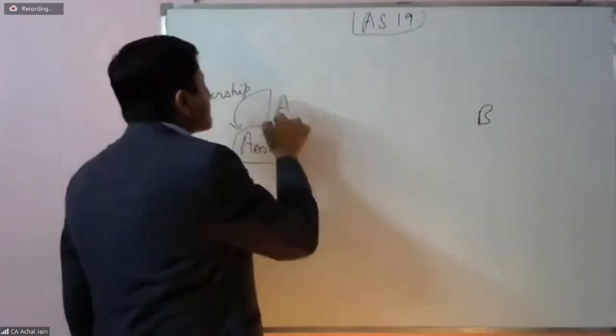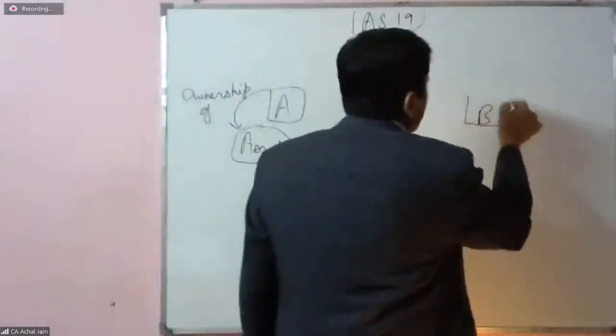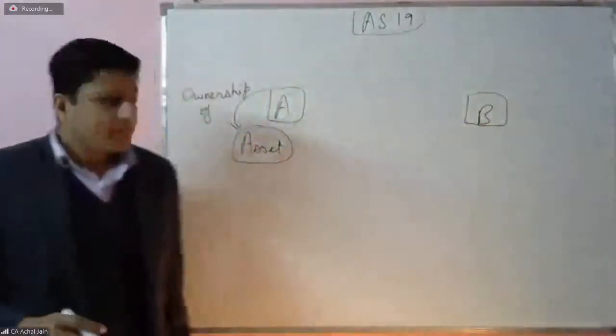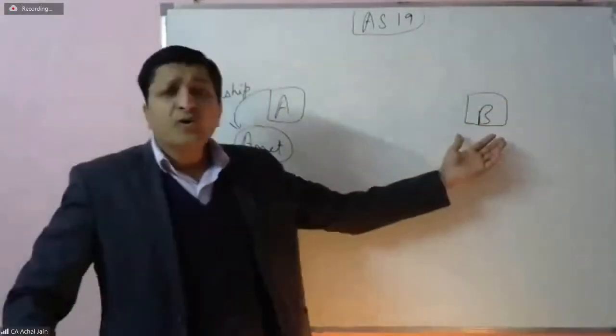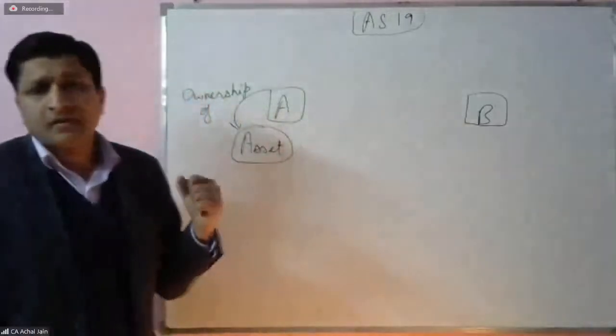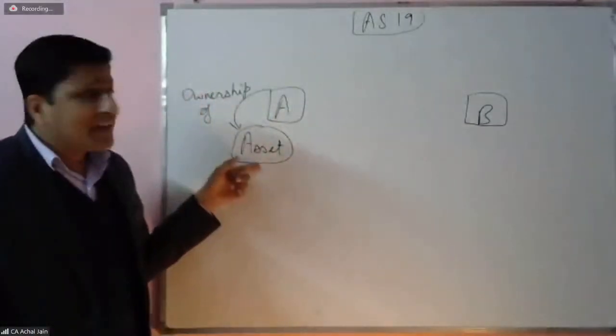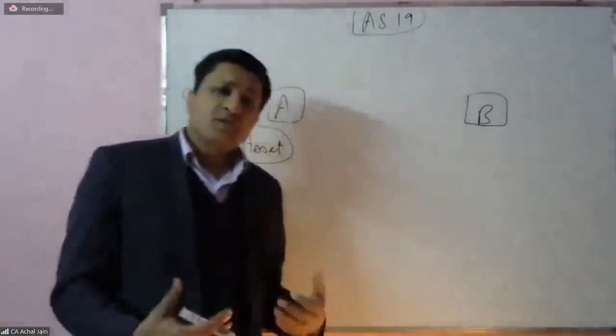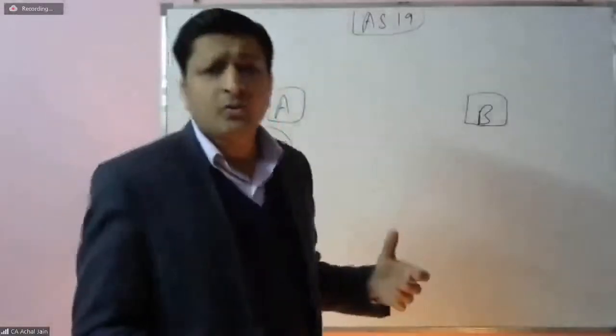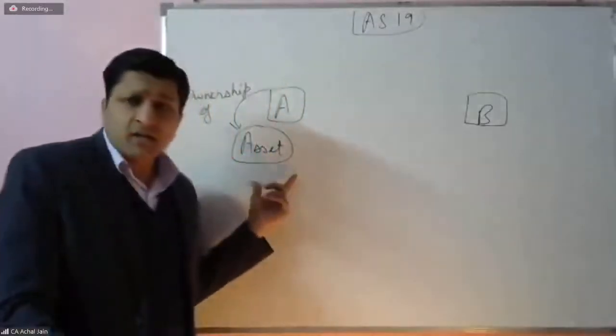Now, in respect of this asset for which A has the ownership, B wants to use this asset. But B doesn't have the resources or the funds available to own this asset.